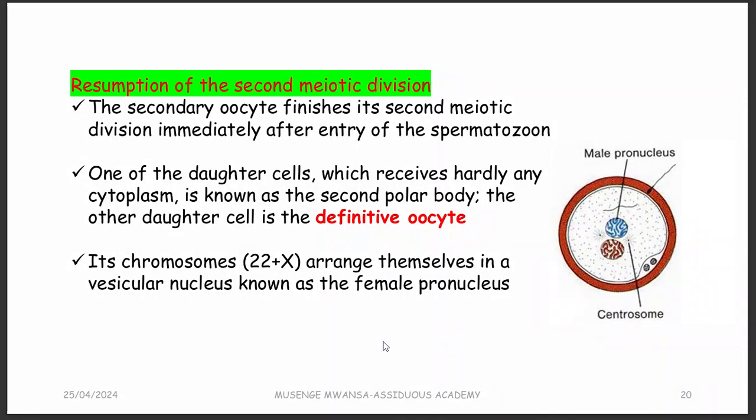Very important question: when does the zona pellucida disappear? On the fourth day. And then there's going to be the resumption of the second meiotic division, because the secondary oocyte is now going to finish its second meiotic division, since it was arrested in meiosis 2, specifically metaphase 2.